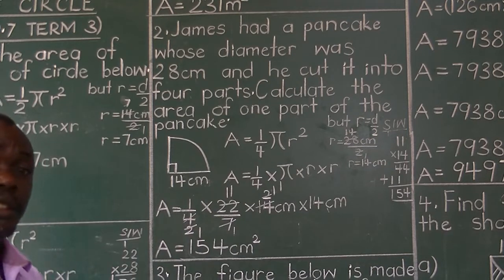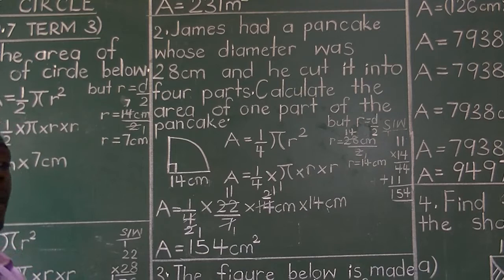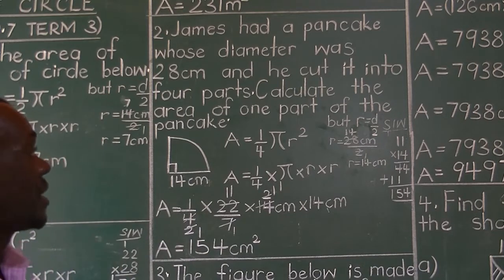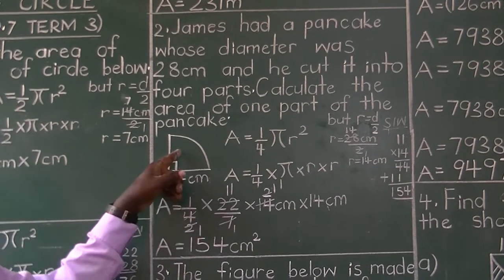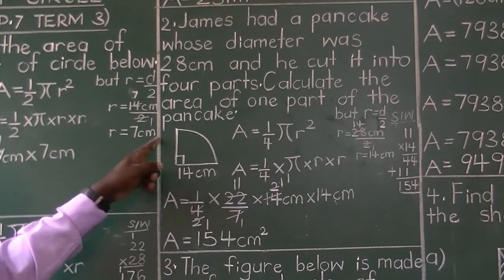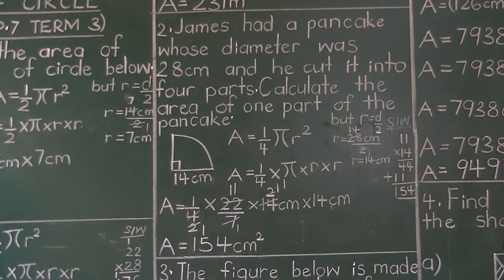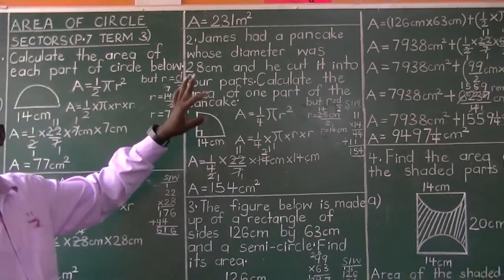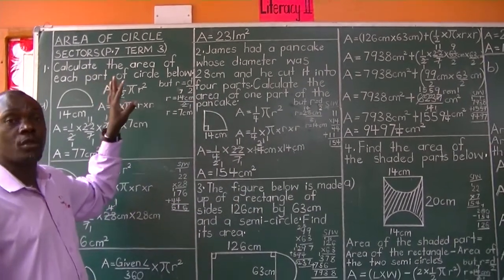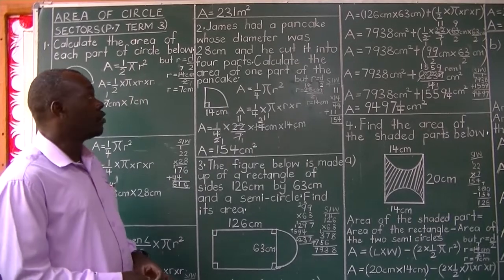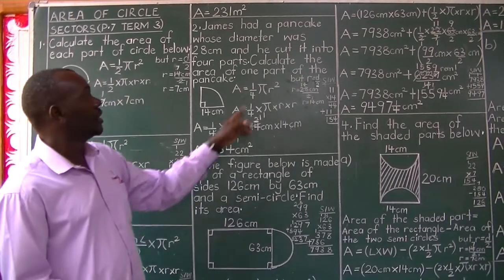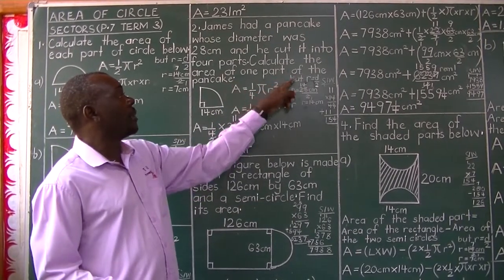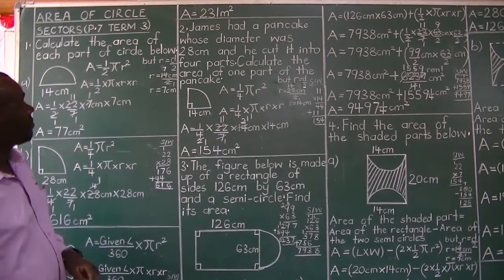If James decided to cut it into 4 equal parts, he is going to obtain a shape like this, and a quarter of a circle is called a quadrant. So the remaining pancake will be in quadrant form. Now the question: calculate the area of one part of the pancake.